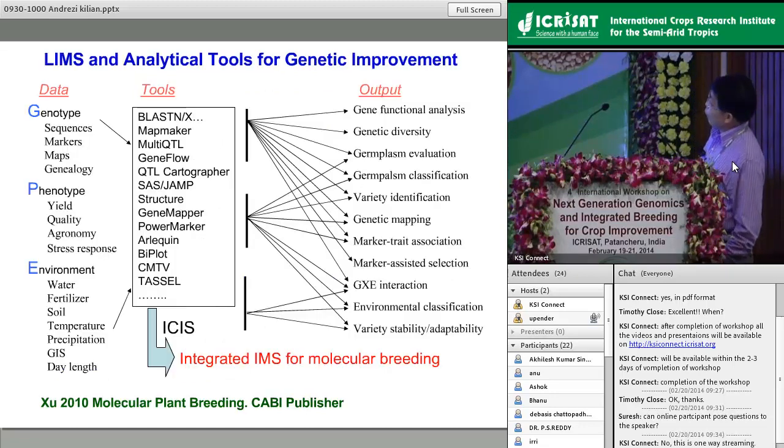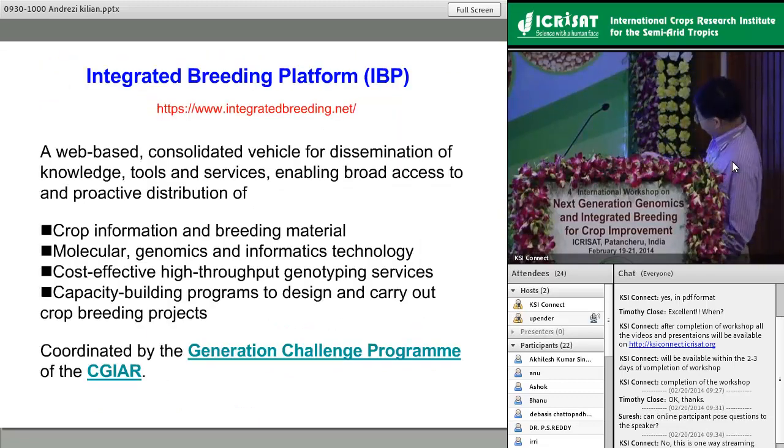From different data, GPE, we now have many different tools to generate different outputs. It's all separate. Now we hope to have an integrated information system to do all these things, one-stop shopping, to get everything done. So we have a pretty good expectation from the IBP system that's run by the GCP program.